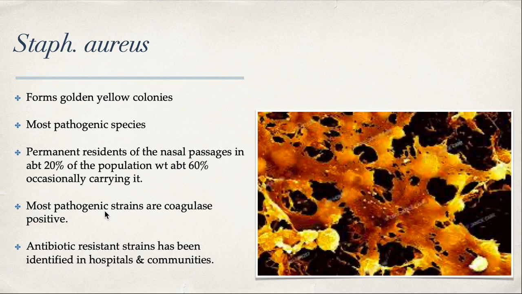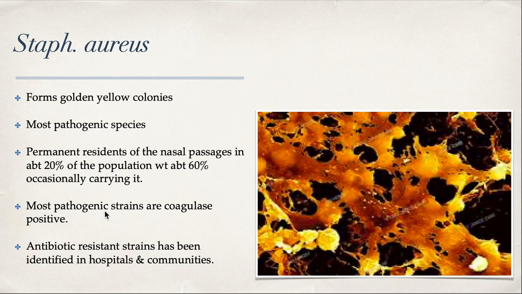Another important normal microbiota, which is a potential pathogen of the skin, is Staphylococcus aureus. These form golden yellow colonies. Most of them are pathogenic, but they are permanent nasal microbiota that we find in about 20% of the population, and you may occasionally find about 60% carrying them.